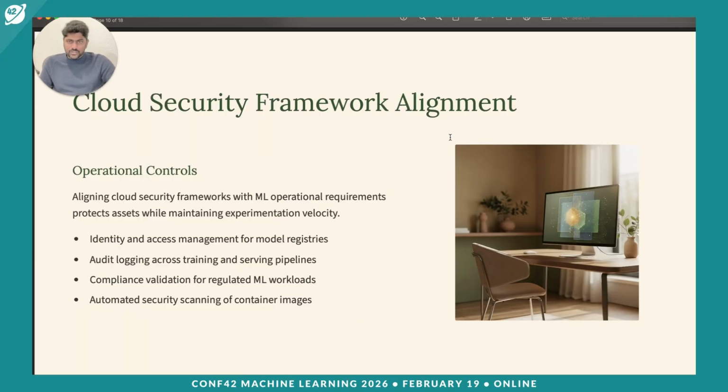And let's talk about the framework element, right? Operational controls. This is required for ensuring there is asset management to ensure the versioning and maintenance releases are appropriately and effectively managed.